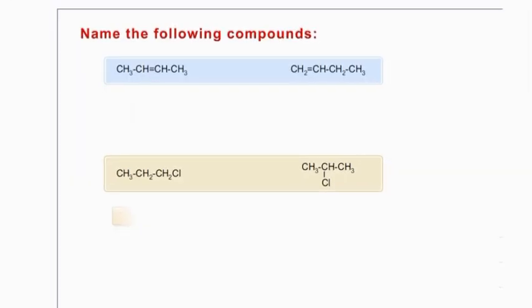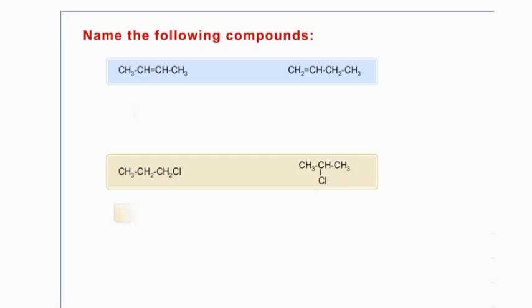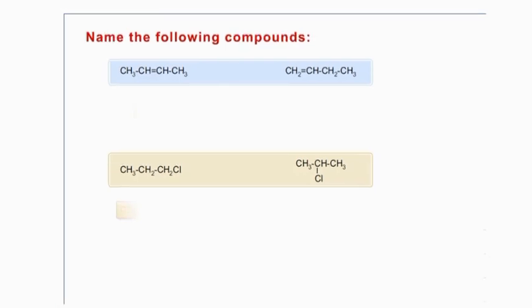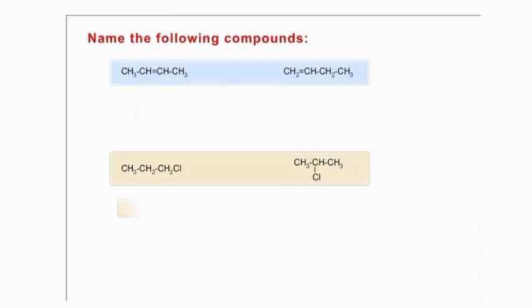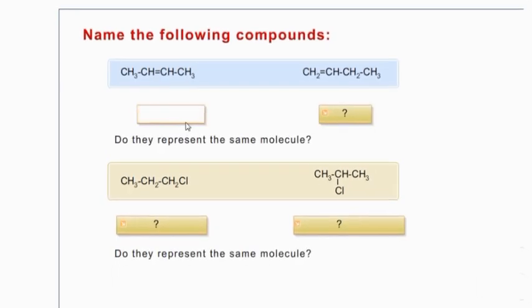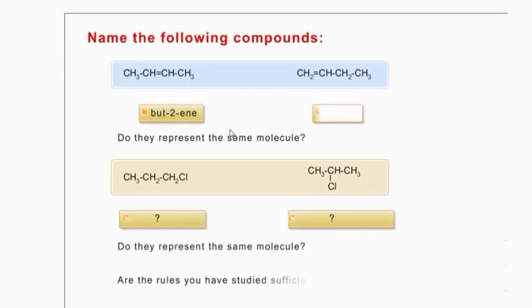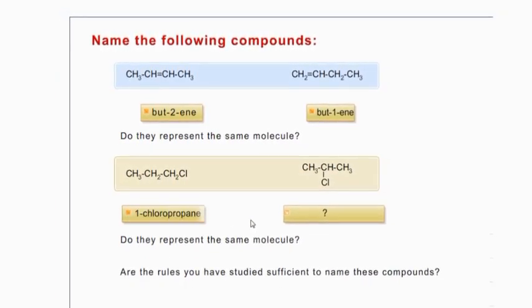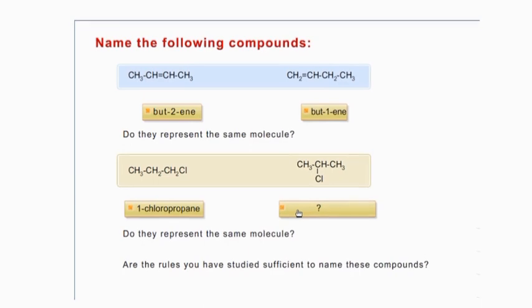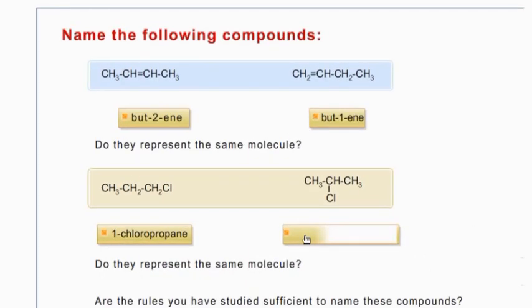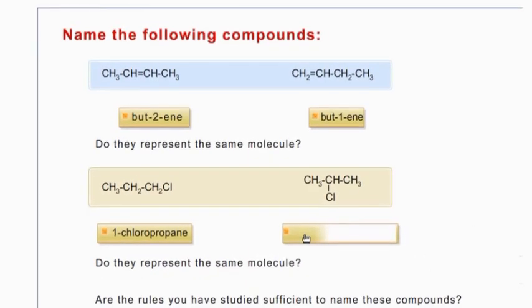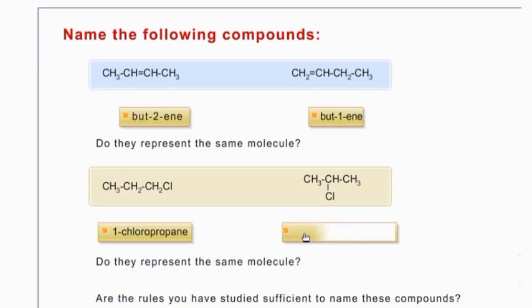I want you to do one more assignment, that is, I have given two sets of compounds over here. You need to write down the name for these sets of compounds. So I have already given the name of these compounds.